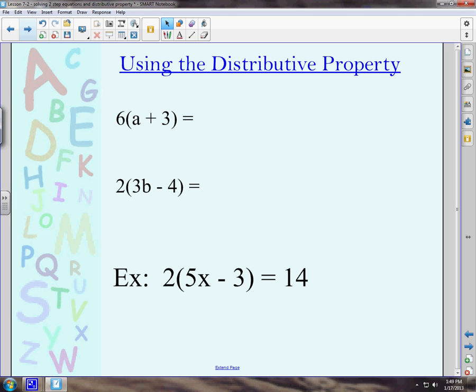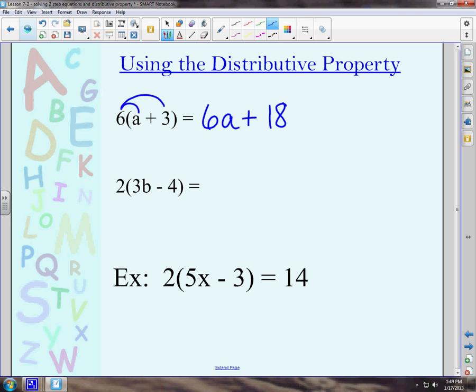All right, so lastly, it's about using the distributive property. So when you have equations and you have the distributive property, you're going to take everything on the outside of the parentheses and distribute it into the inside. So this would become 6a plus 18.